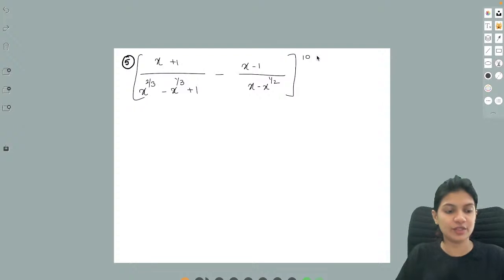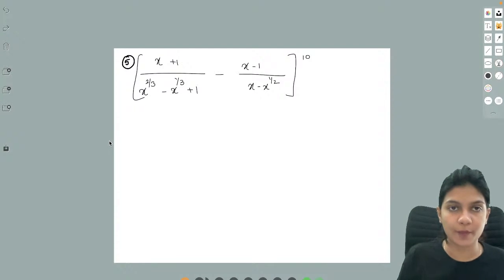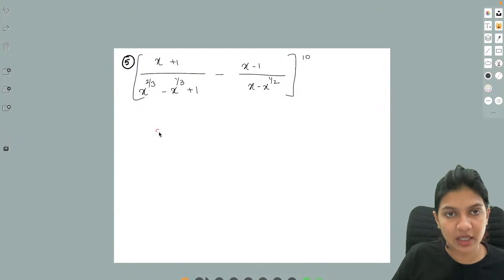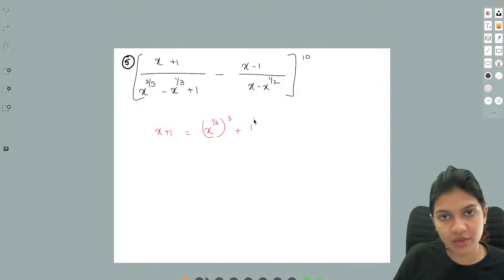Now, x can be written as, I'll write it here, x plus 1 can be written as (x to the power 1 by 3) whole cube plus (1 to the power 1 by 3) whole cube.